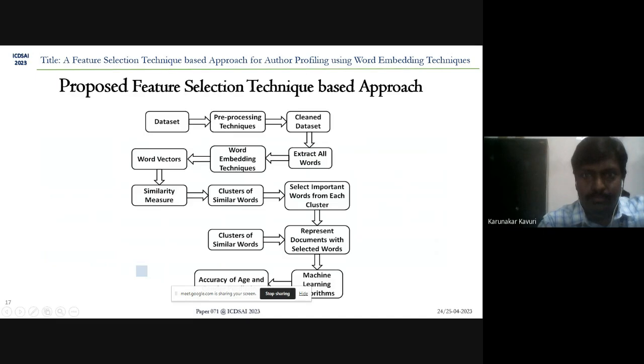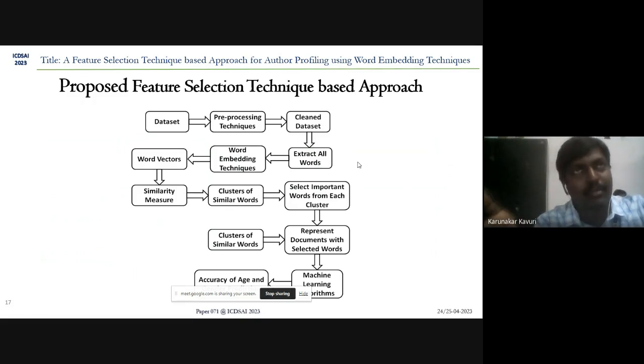Okay, so this is my proposed model. First, the data set. After pre-processing techniques, after stemming, lemmatization, stop word removal, I will get the cleaned data set. From the cleaned data set, extract all the words within the documents. For example, 4,000 documents, each and every document consisting of a number of words.